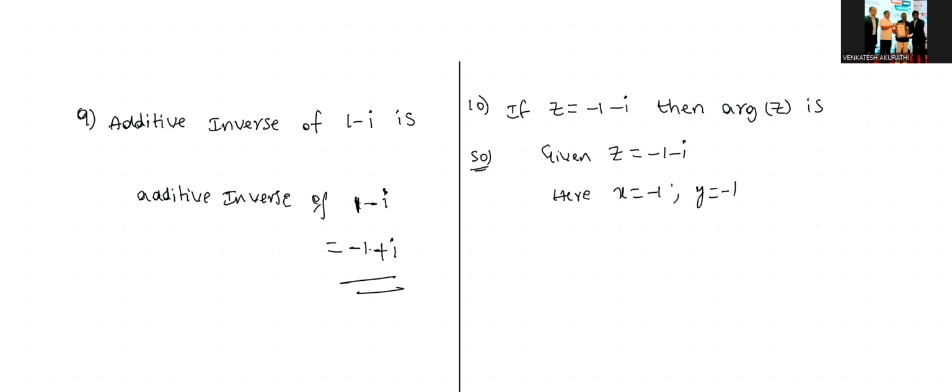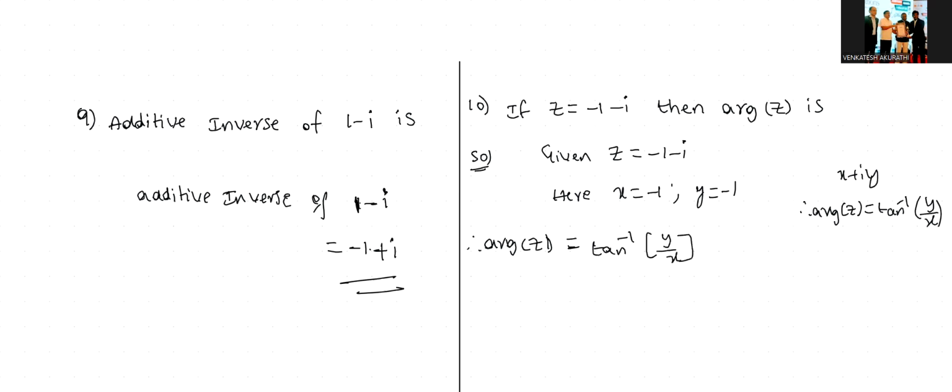The formula is, if x plus iy is the complex number, then the argument of z is tan inverse of y by x, that is tan inverse of minus 1 by minus 1, that is tan inverse of 1.